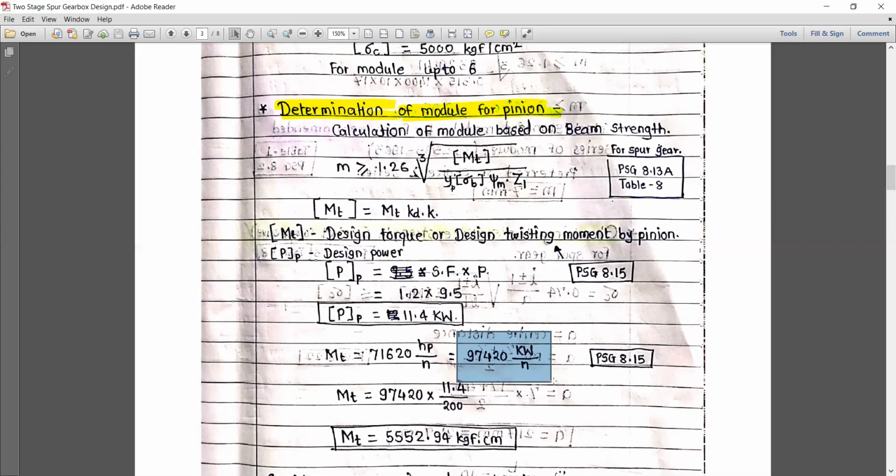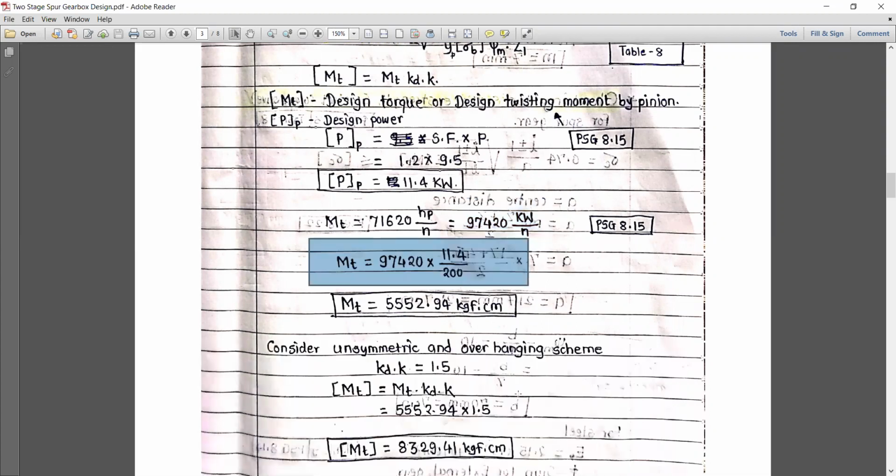Now put that value of 11.4 kilowatt and the speed at that time. So MT is equal to 97,420 multiplied by 11.4 divided by 200. That is the output speed.